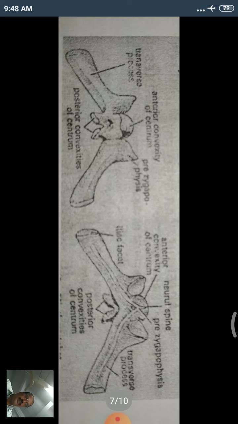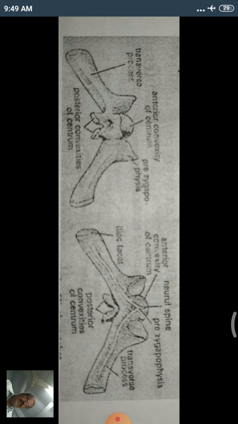The diagram shows anterior convexity of centrum, posterior convexities of centrum, transverse process, pre-zygapophysis. Anteriorly only one in number, posteriorly two in number.